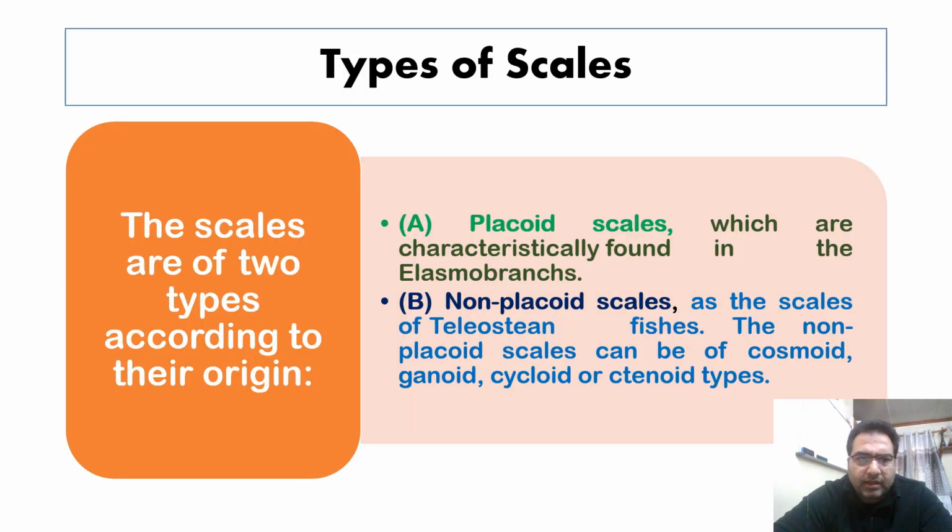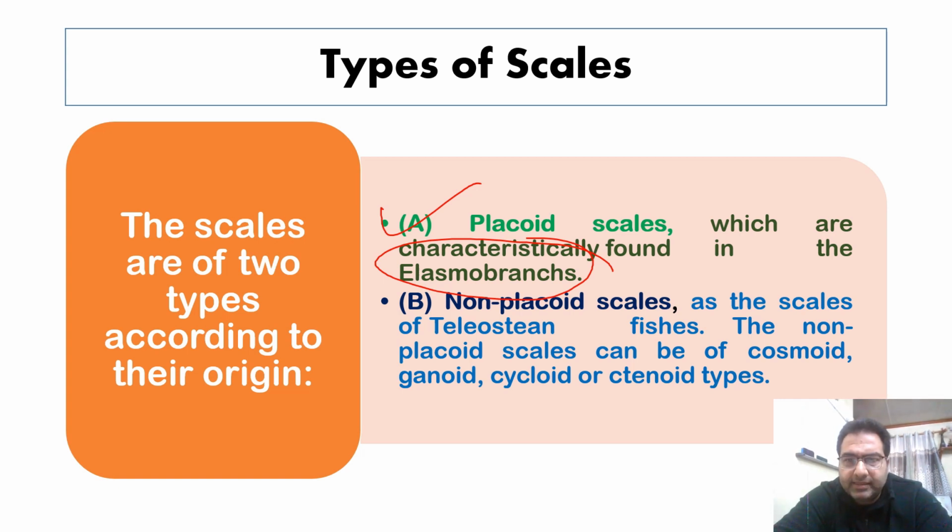Now we shall be talking about the types of scales. Basically, scales are divided into two types, placoid scales and non-placoid scales. Placoid scales are the characteristic feature of elasmobranchs, that is cartilaginous fishes.